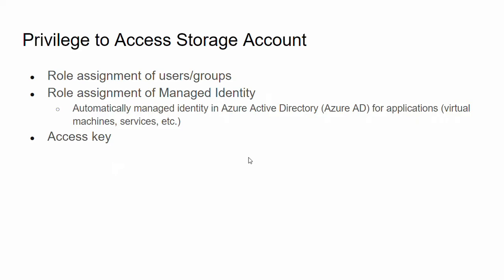They can only read. So these are all possible, but that requires a combination of your authentication and your role in the Azure portal defined by administrators. They will define what you can do to each and every storage account.